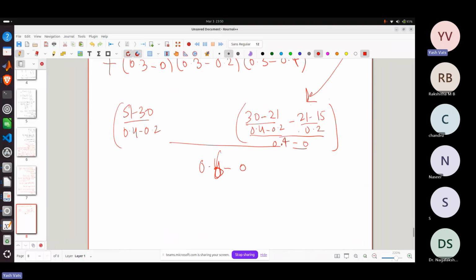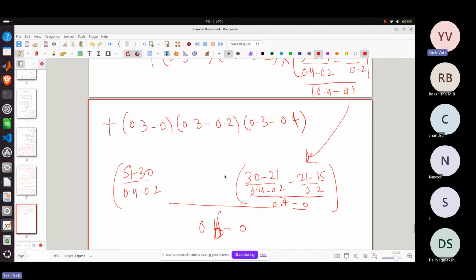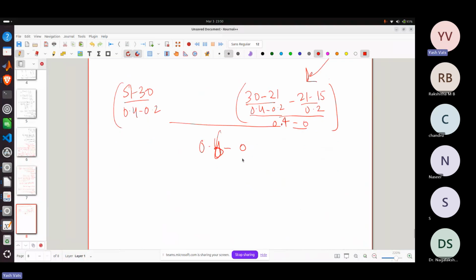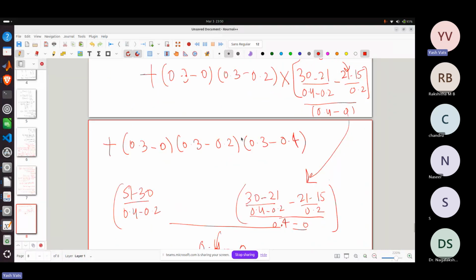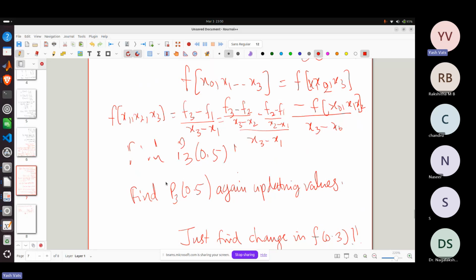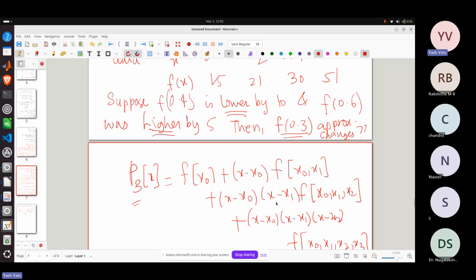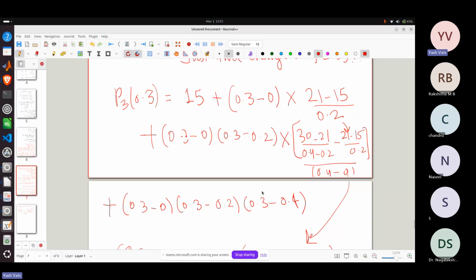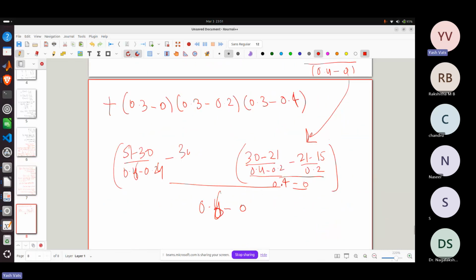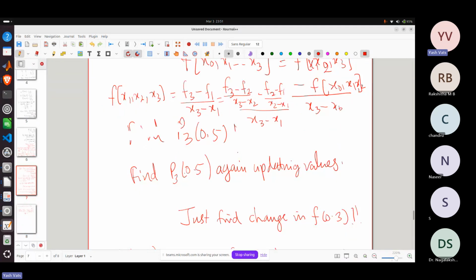And you calculate it here. So x3 minus x1, x3 minus x2. So 0.6 minus 0.4, and you have f2 minus f1 divided by x2 minus x1, which is 30 minus 21 divided by 0.4 minus 0.2, and divided by overall x3 minus x1.